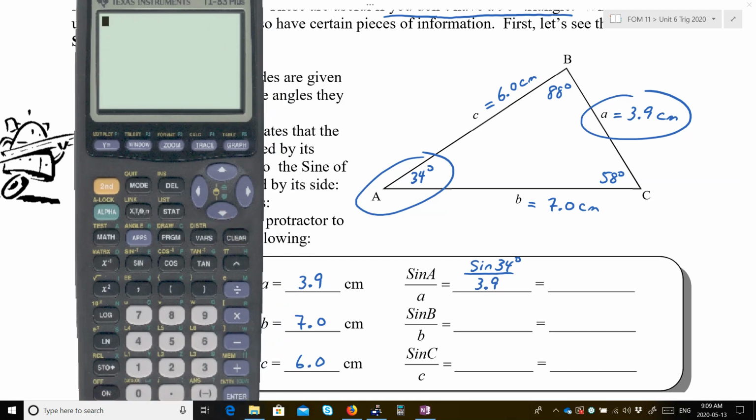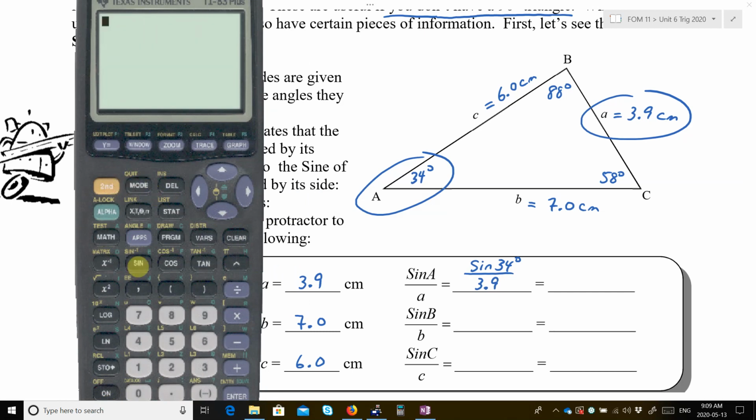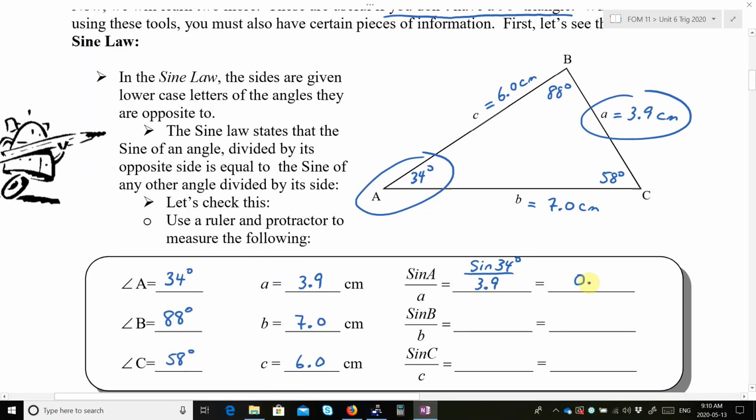Since our angle is in degrees, let's check the mode. Yes, degree is highlighted. So I'm going to go sine 34 and divide that by 3.9. And we get, to 2 decimal places, 0.14. Now let's do sine B divided by b, so sine of capital B divided by its opposite side.